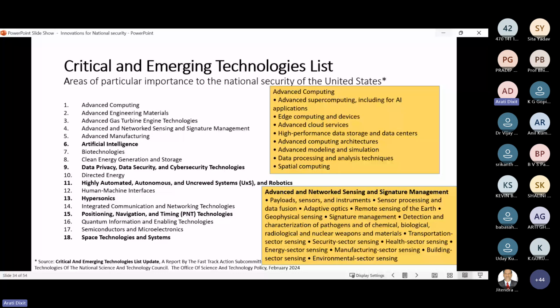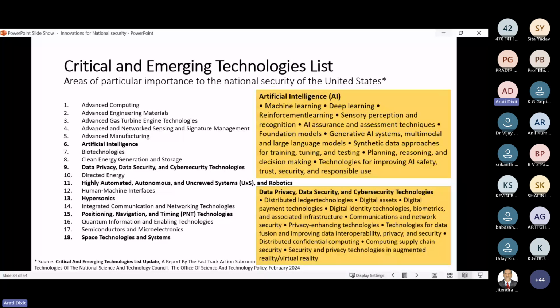Sub areas of AI are machine learning, deep learning, and so on, as you see on the screen here. I'm sure all these areas are being discussed in this FDP by the different panel of speakers arranged here. And data privacy, security, and cybersecurity technologies, like privacy enhancing technologies, technology for supply chain security, securing privacy technologies, and augmented reality, and so on.